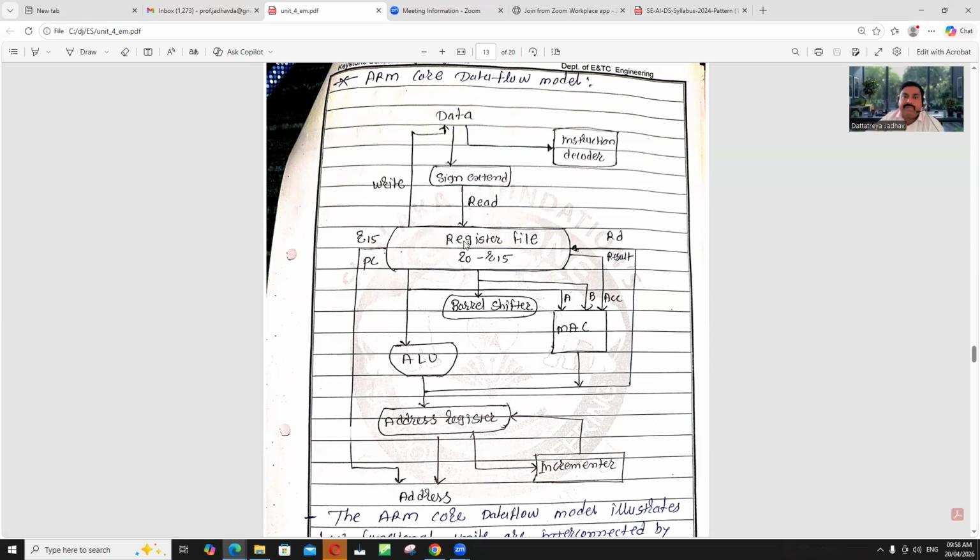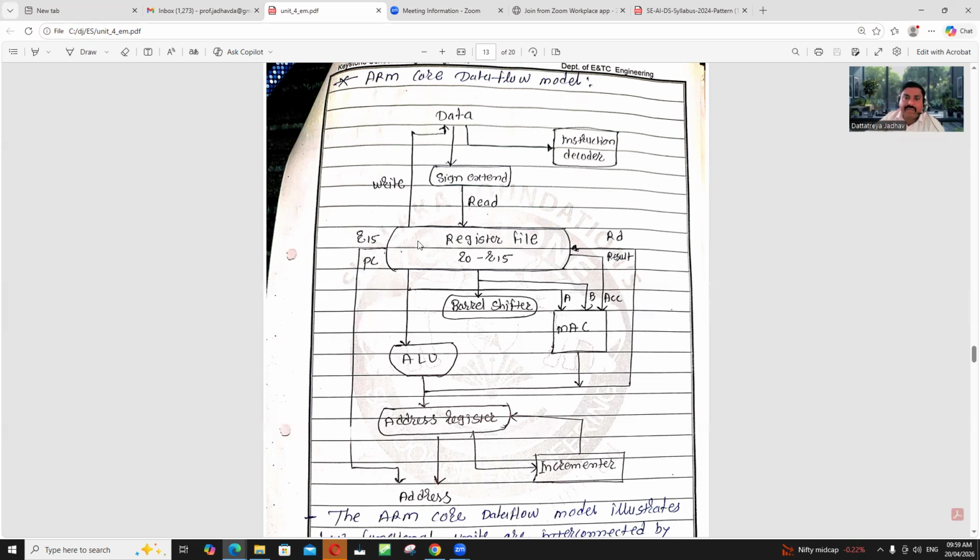Whatever data is required for the respective instruction will be collected from these registers. Suppose the arithmetic logic unit performs addition of two numbers, A and B. First the instruction is decoded, and the values of A and B are collected from the register file.